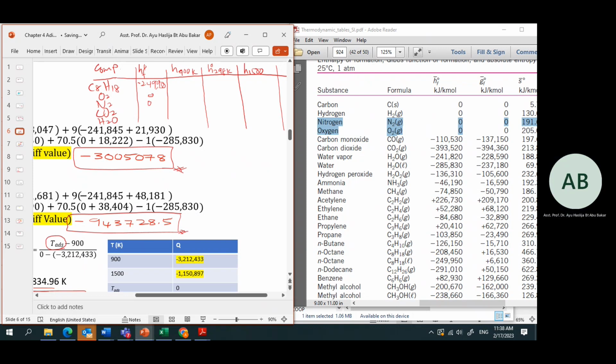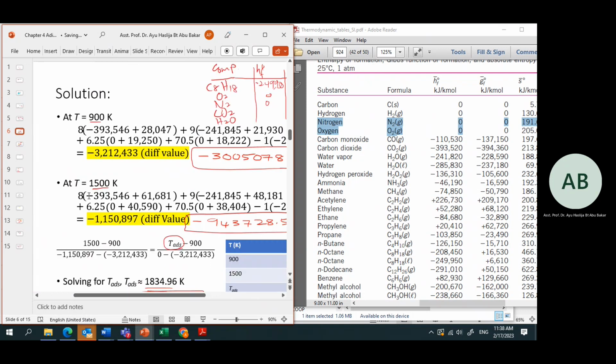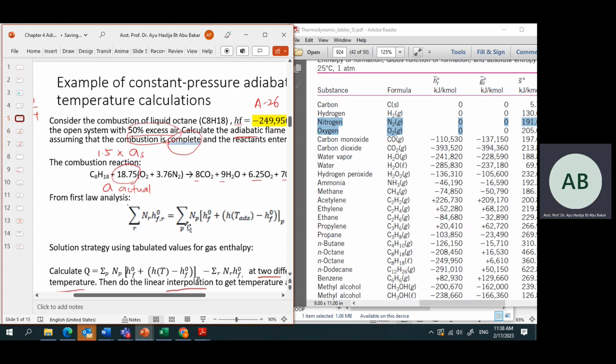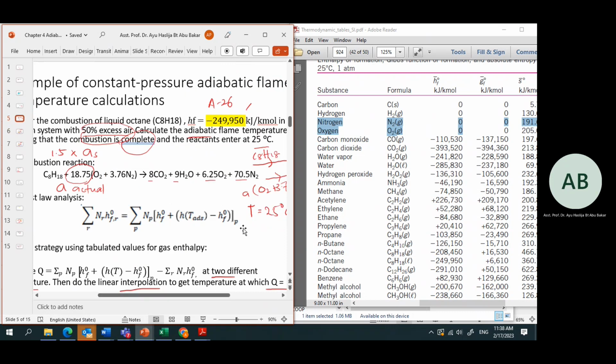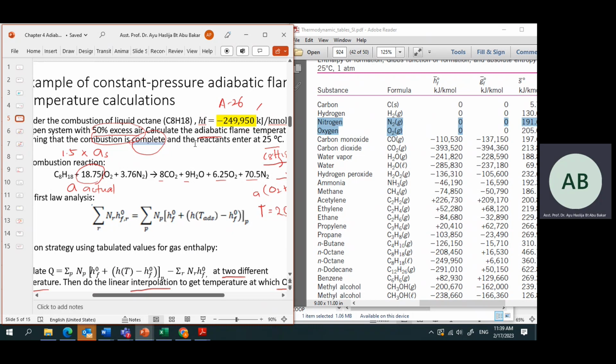This equation. Water, liquid or vapor? You can put your own assumption. In this calculation, the statement doesn't mention whether the H2O is vapor or liquid.